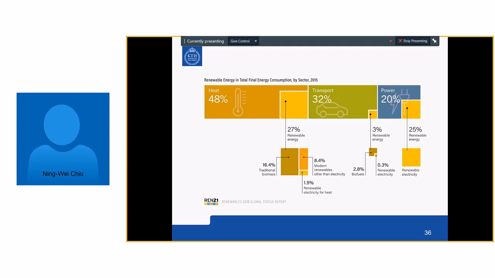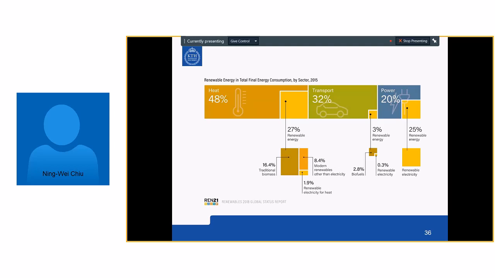So what can you tell? What can you say about this graph? What's the first thing that comes to mind? We see that there's maybe a large potential for transportation. If you look at the proportions, in heating and electricity use, renewable energy integration is higher in percentage compared to transportation.